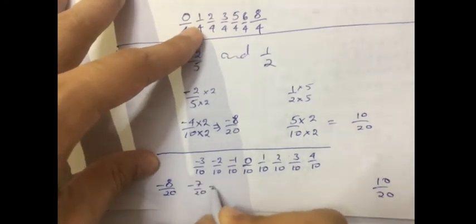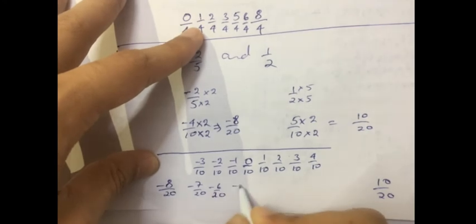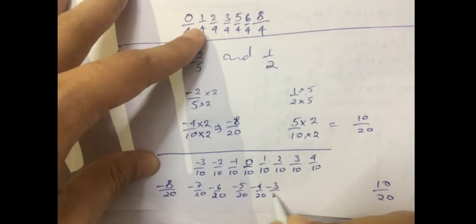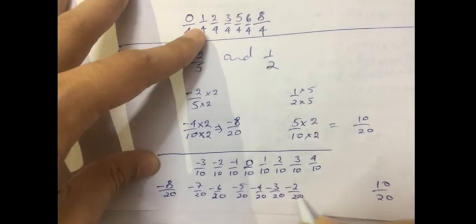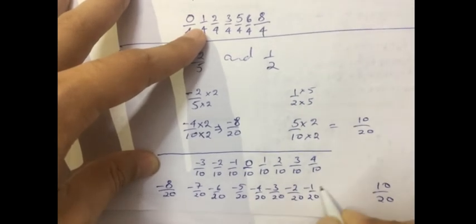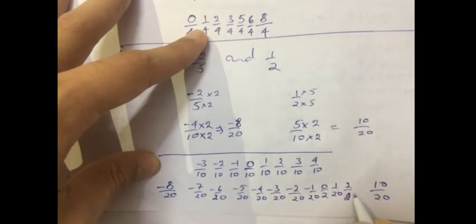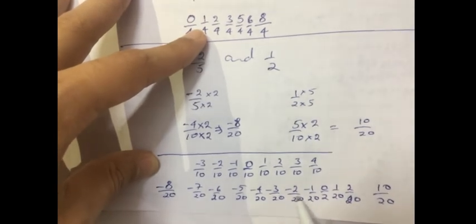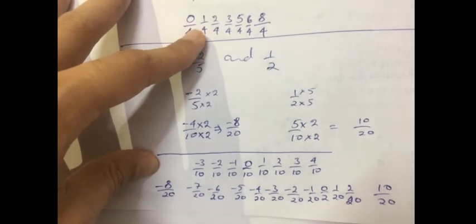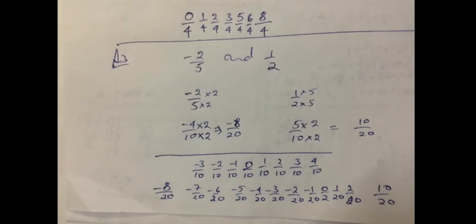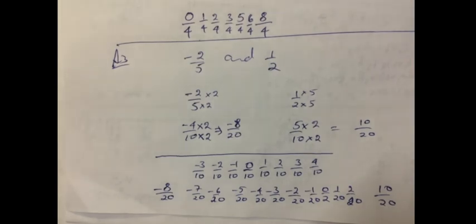This will be minus 7 by 20, minus 6 by 20, minus 5 by 20, minus 4 by 20, minus 3 by 20, minus 2 by 20, minus 1 by 20, 0 by 20, 1 by 20, 2 by 20. That is 1, 2, 3, 4, 5, 6, 7, 8, 9, 10. These are 10 numbers in between these two numbers. You can even find more numbers in between them, but as the question asks, find just 10.